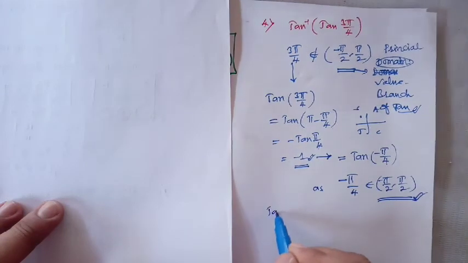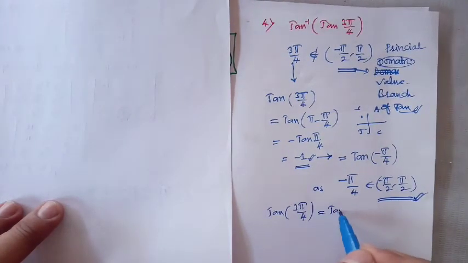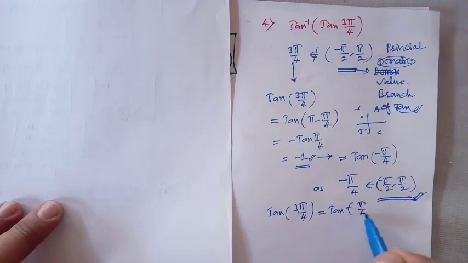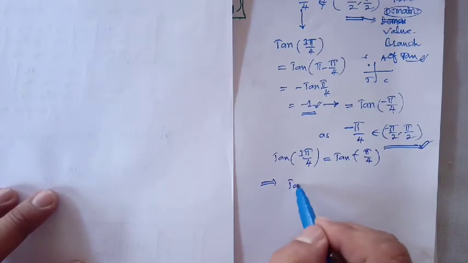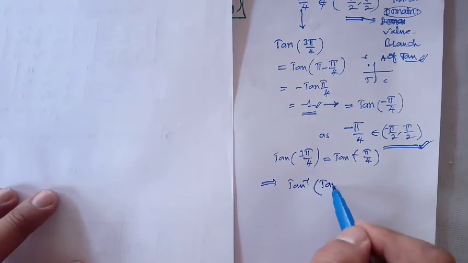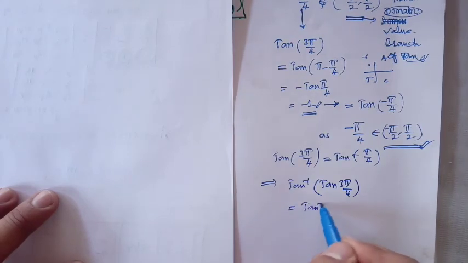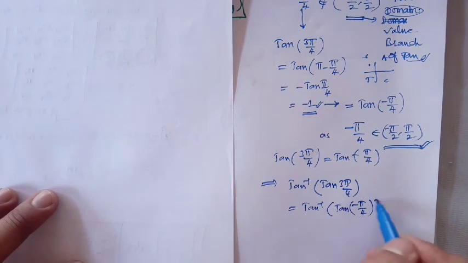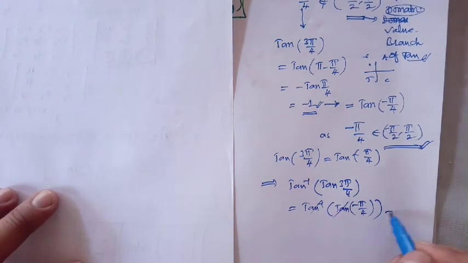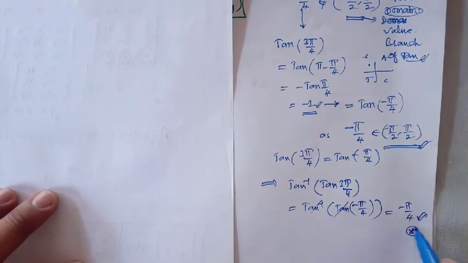Now consider tan 3 pi by 4 is equal to tan of minus pi by 4. Now we are using tan inverse of tan 3 pi by 4 is equal to tan inverse of tan of minus pi by 4. Tan and tan inverse get cancelled, minus pi by 4 is the answer.